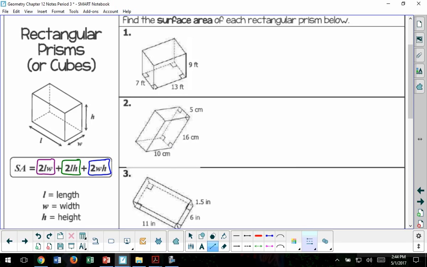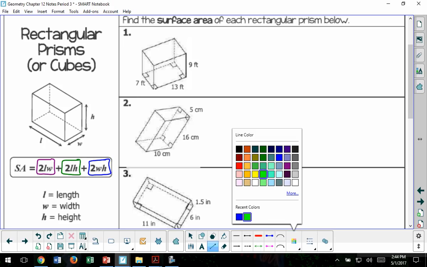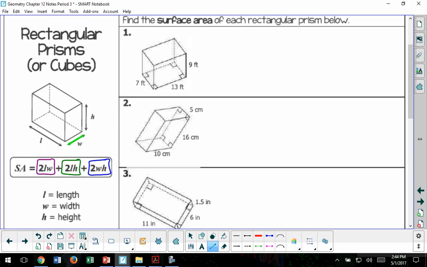For this height right here, you can also put that here, here, and there. So that height can move all the way around. For your width, which is here, it can also go there, there, and there.